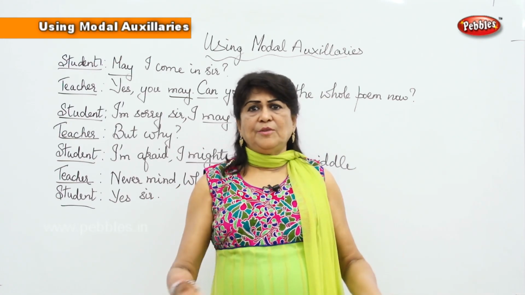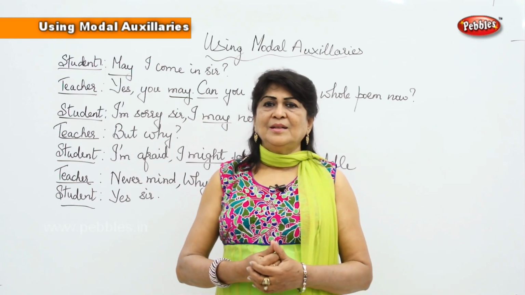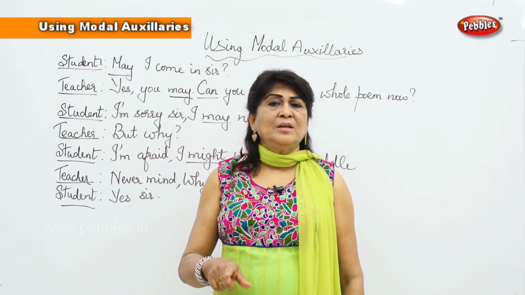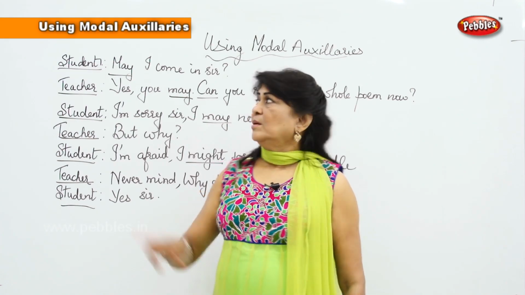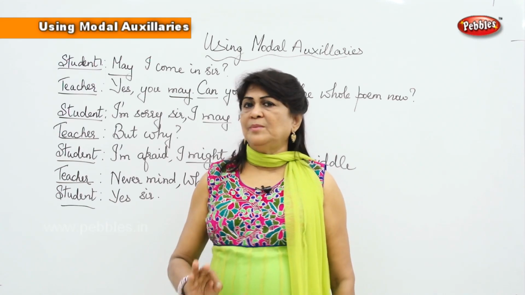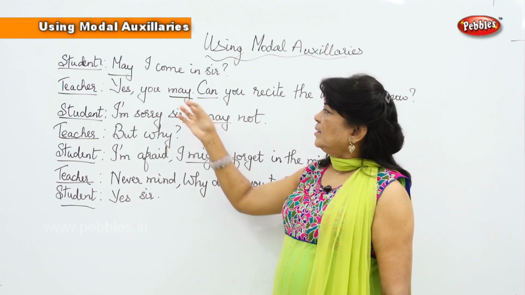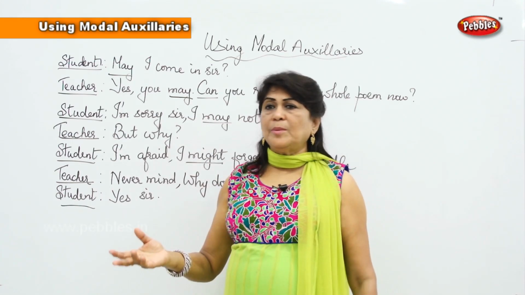You can just enter. If you have two feet to walk in, you can walk inside, isn't it? So, can I come in is a wrong word to use. Only may you should use when you ask for permission. Please remember that. And might, you can just use it for a probability.